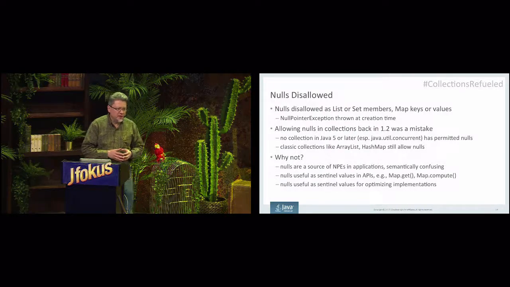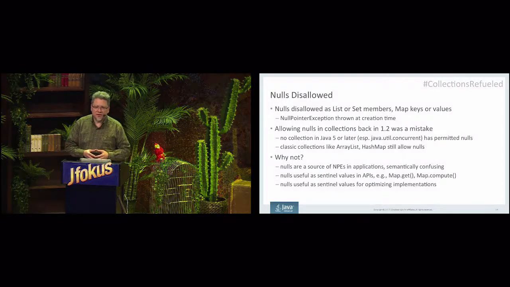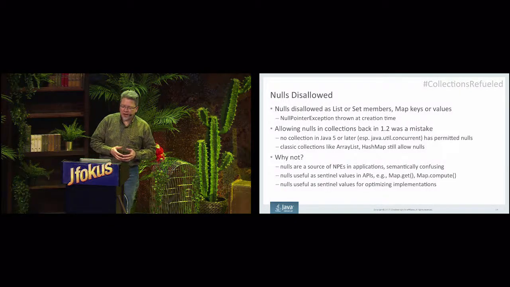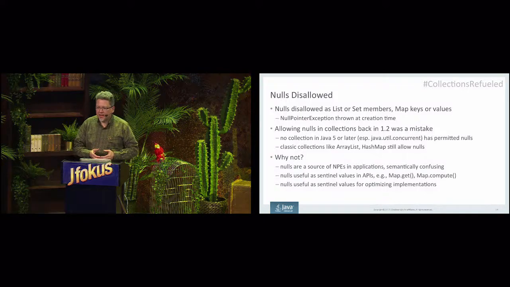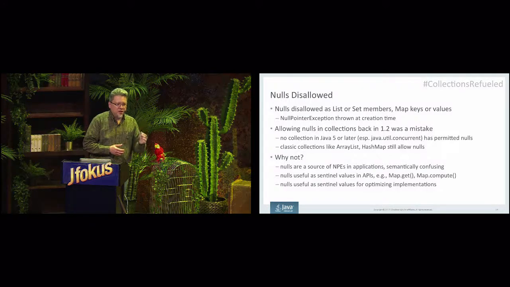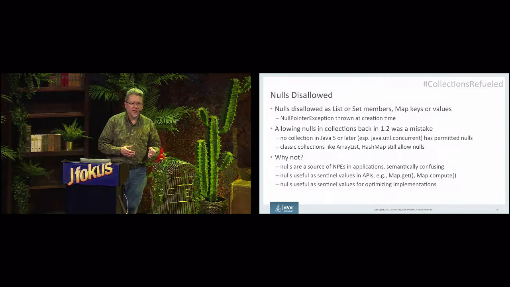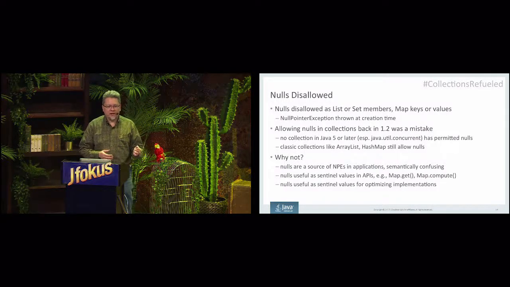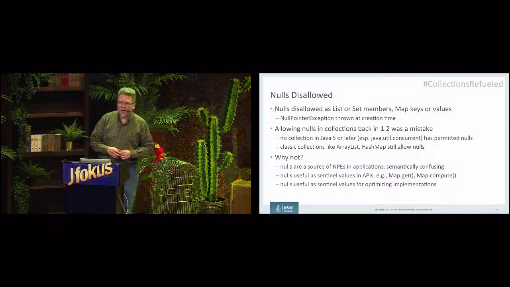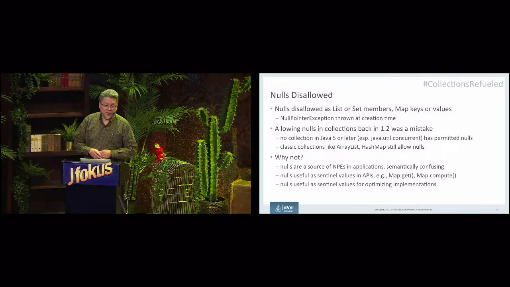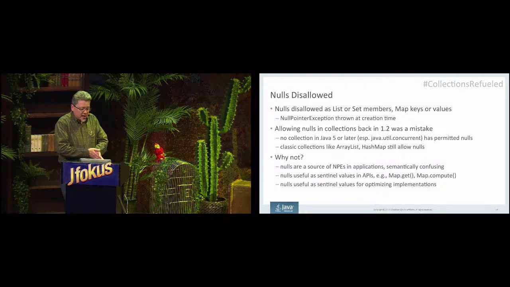And then there's another set of methods on map, like map.compute and similar ones, where null is used as a sentinel value for actually removing entries as a side effect of a lambda expression that gets called. It's a little too complicated for me to explain right now, but again, it's an example of how null is used as a sentinel value in the API to mean something different from an ordinary value. If you mix null in as an ordinary value, it creates ambiguity in the API, and we generally like to avoid ambiguity.